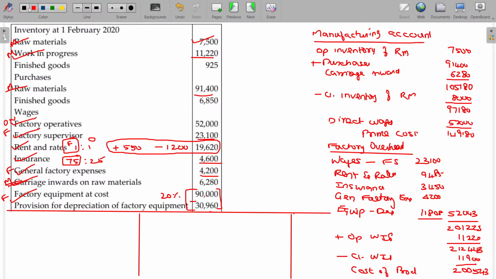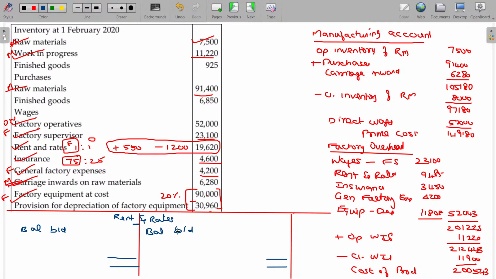Now, rent and rates. Similar to other receivables and payables. What happens if I have an opening balance? Balance means outstanding and advance will be posted here. Balance brought down.